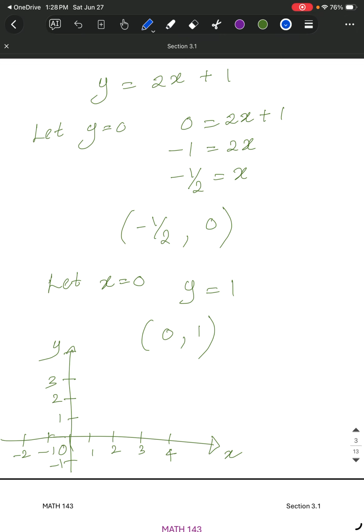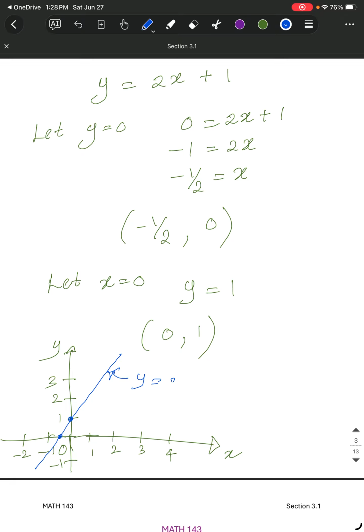The first point is negative 1 half, 0, and the second is 0, 1. The line passes through the 2 points.